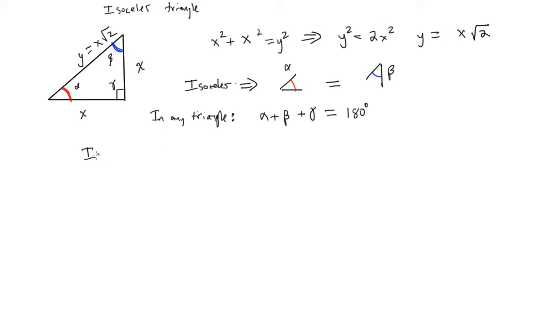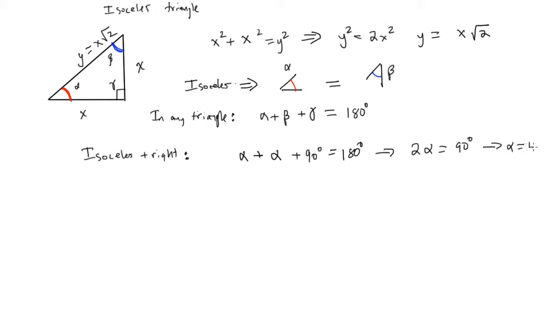So for the isosceles case, we know that alpha plus alpha, because remember beta and alpha are actually the same number, plus 90 needs to equal 180. And the right angle is, of course, has a value of 90. And so what we get is twice alpha equals 90 degrees, and so alpha is actually 45 degrees.